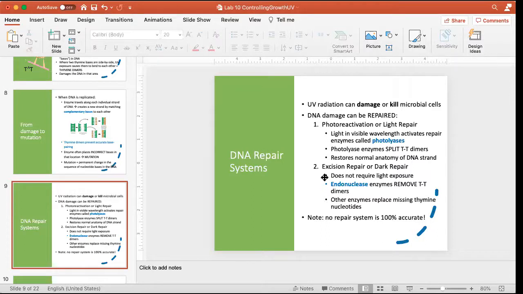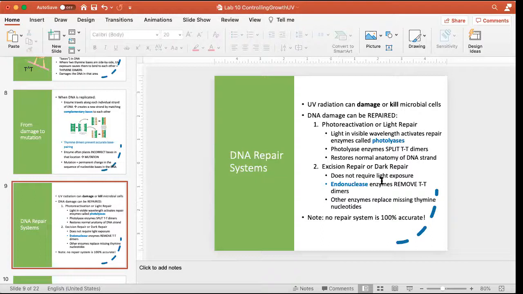So this sounds great, right? Wow, ultraviolet radiation damage can be fixed in microbial cells, but only to a point. In other words, neither one of these repair systems is 100%. Some thymine dimers will not be found and will not be repaired. And sometimes these repair systems make mistakes.